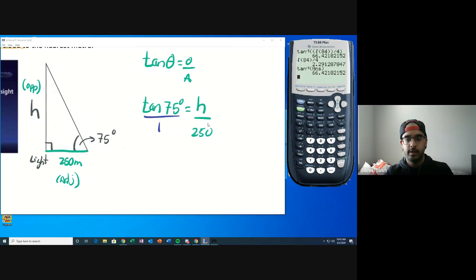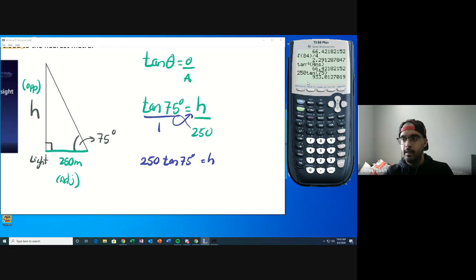Here's where you can try to get rid of that fraction. You can do the cross multiply method if you like, multiply both sides by 250. So what you're really going to put in your calculator is 250 tan 75. That'll be equal to our height. So 250 tan 75, close that bracket, and there's our height.